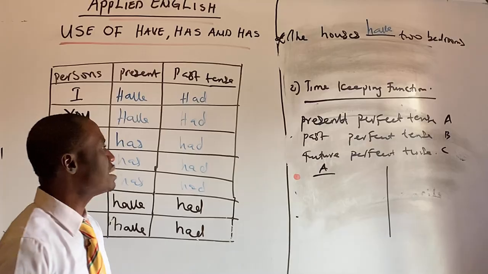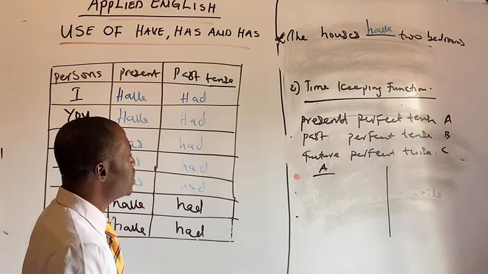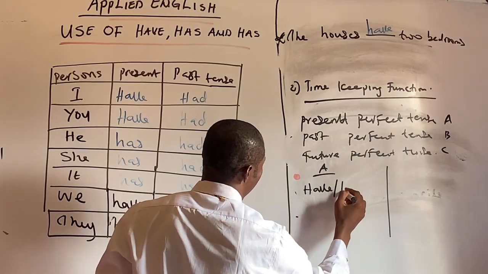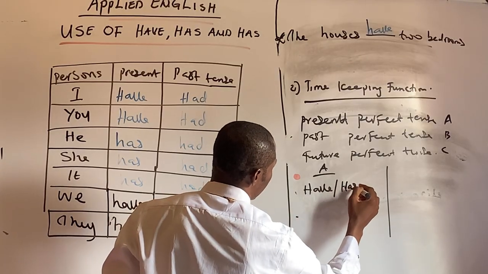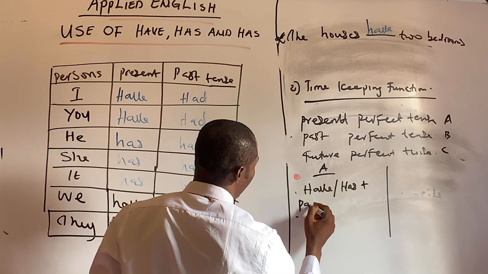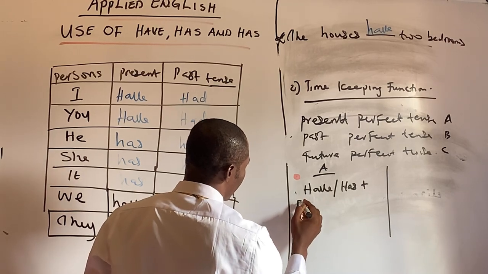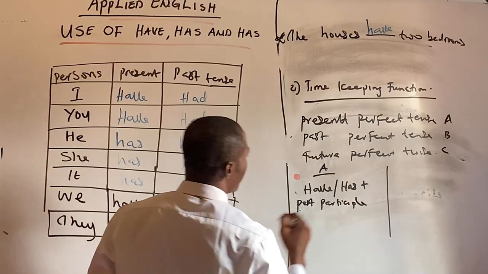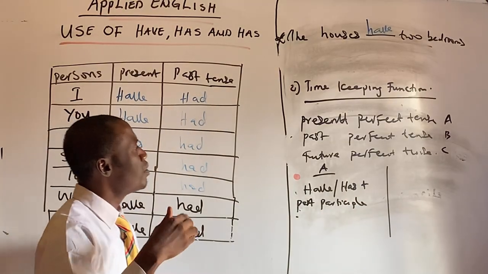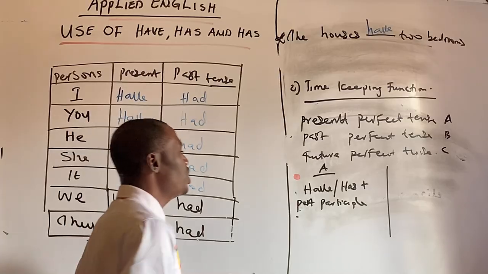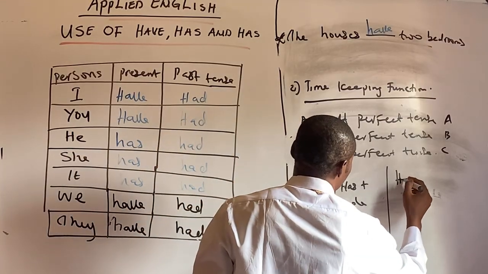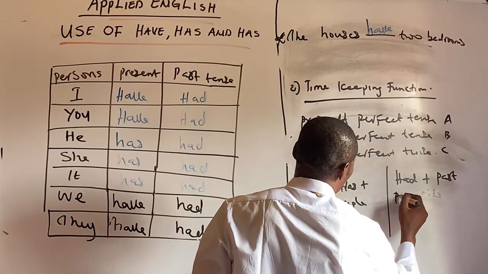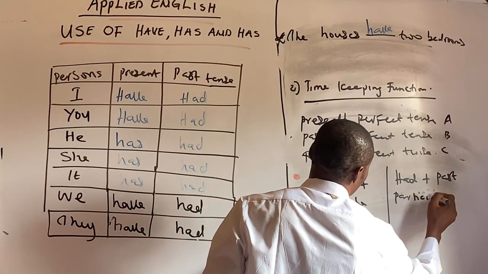For the present perfect tense, we use have or has plus a past participle verb. Now, for the past perfect tense, we use had plus a past participle verb.